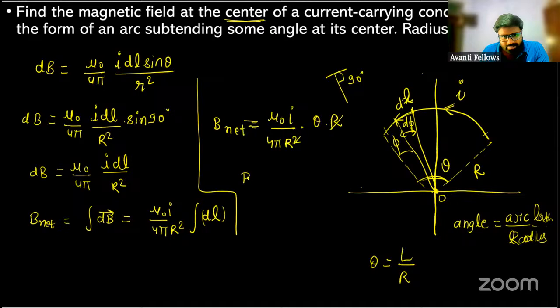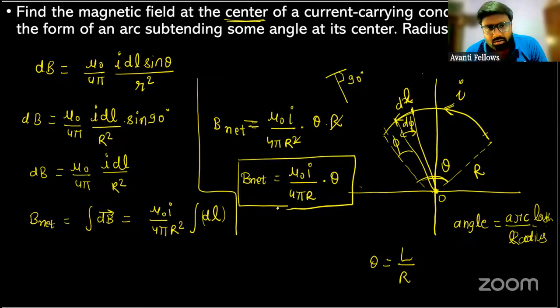So finally B net is mu naught I upon 4 pi R into theta. This is the expression that you should remember, because it will help you a lot to calculate the magnetic field at the center of any arc.